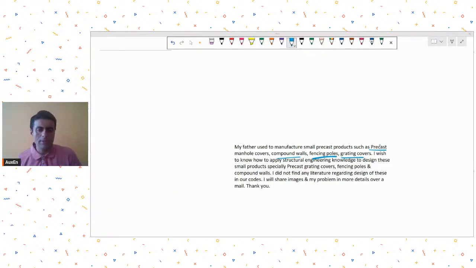I don't remember seeing any specific code for it. However, there might be a code, but I'm not aware of it at this point. Those documents that I saw for these small items had done the design as per our normal IS 456 procedures.